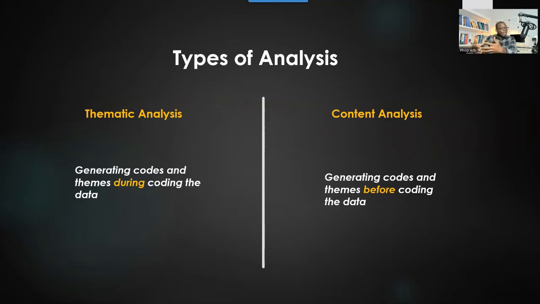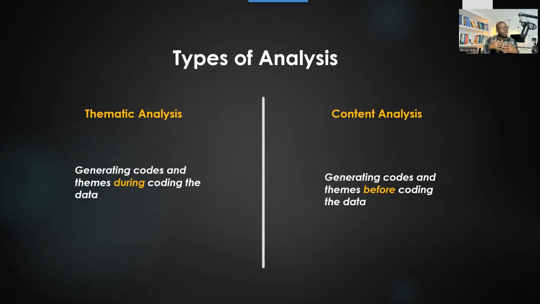You may start by identifying significant information, extracting it, assigning codes to it, categorizing them and developing themes, looking into patterns and other things. It's an inductive process because you generate themes or codes based on what you see in the data.